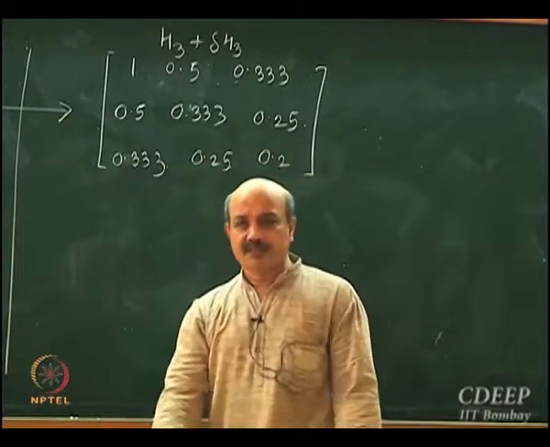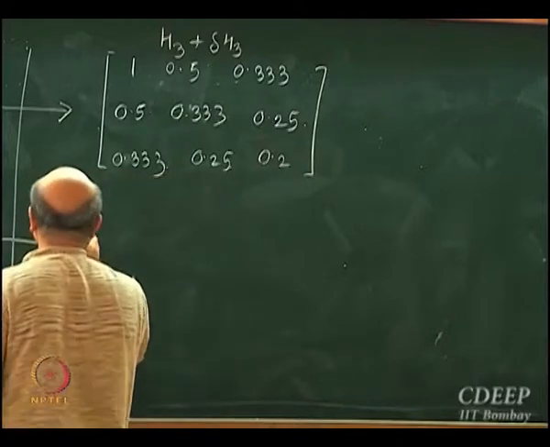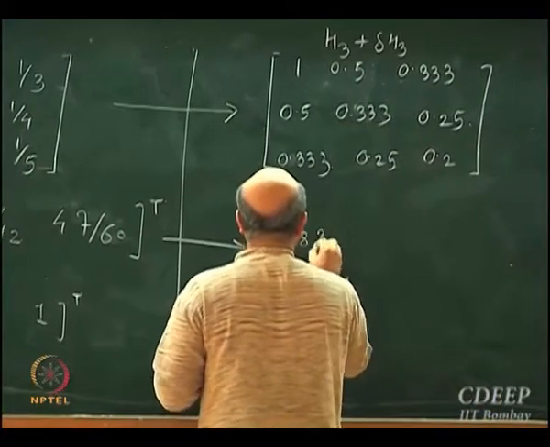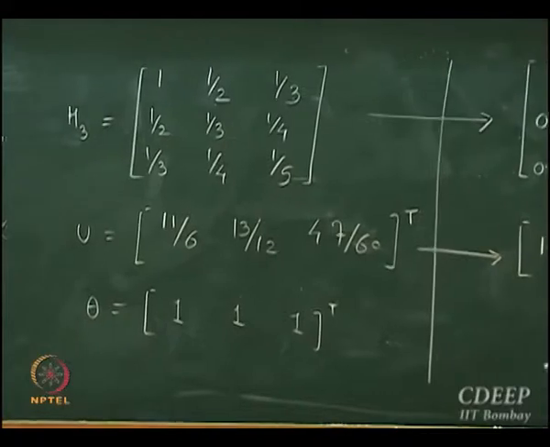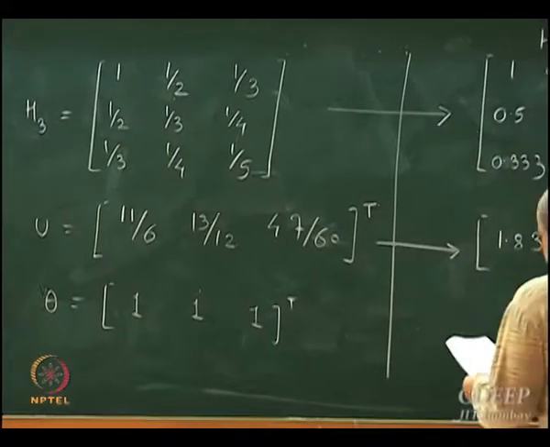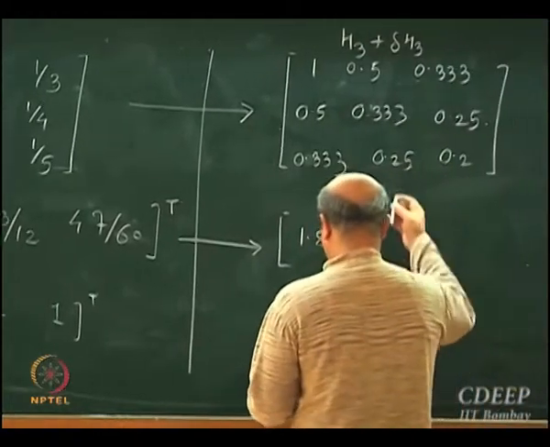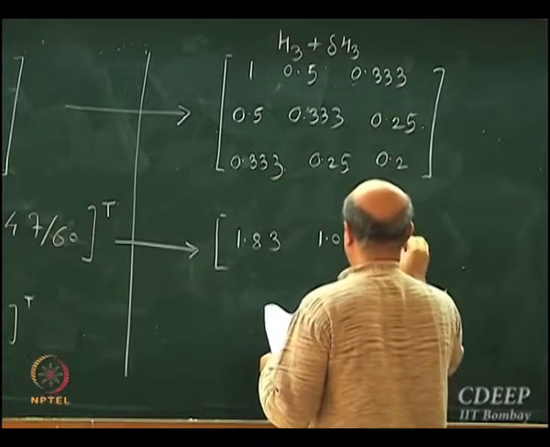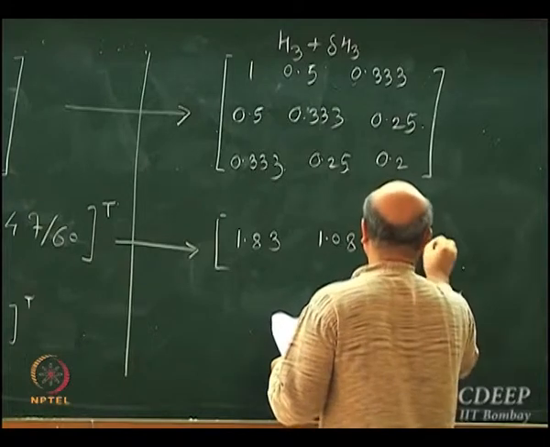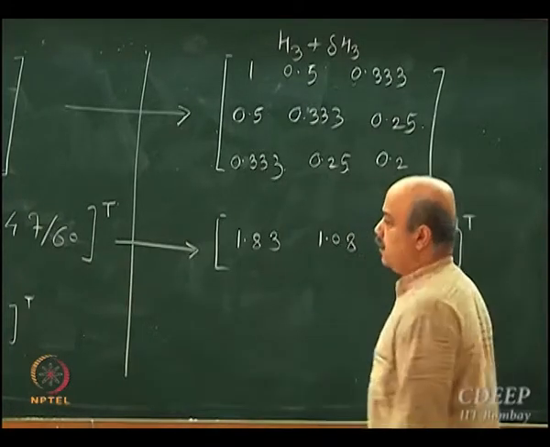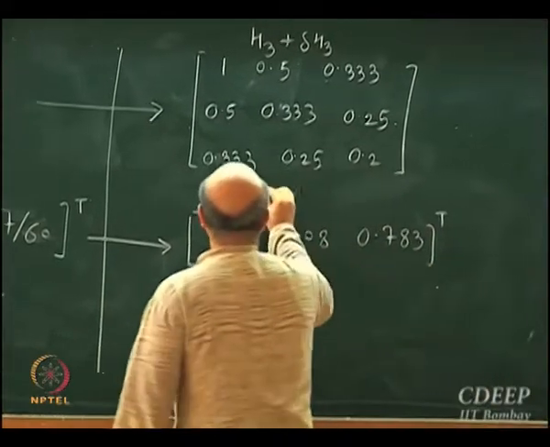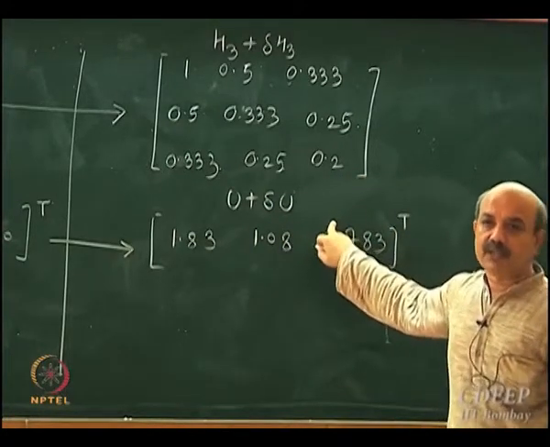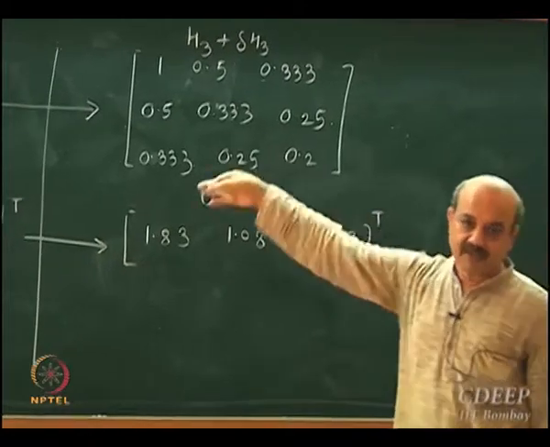If I start doing computations with this matrix, and instead of this U I take a slightly perturbed U, which is 1.83, 1.08 and 0.783, where I have just truncated the fractions, this is my U plus delta U. I decided to truncate and write the same equation.